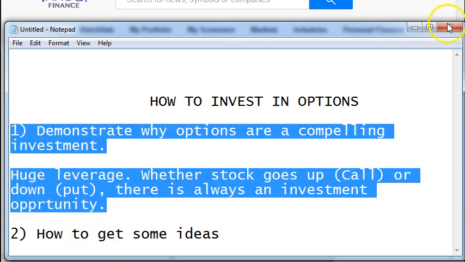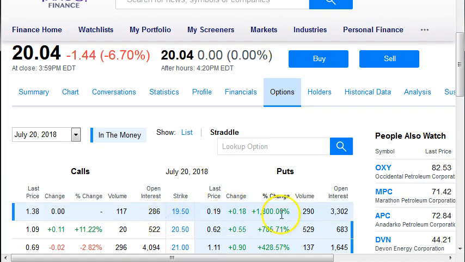Now that we are convinced, who doesn't like 1,800% profit in a single day? Everybody likes this kind of stuff. That is one reason why sometimes people get into trouble, because they try to get inside information from companies so that they can buy these short duration options and make a killing in a very quick span.